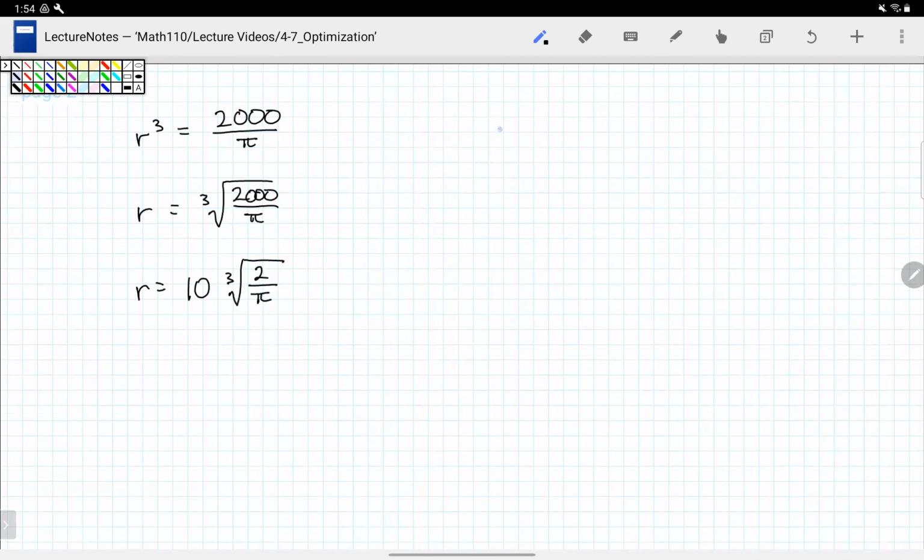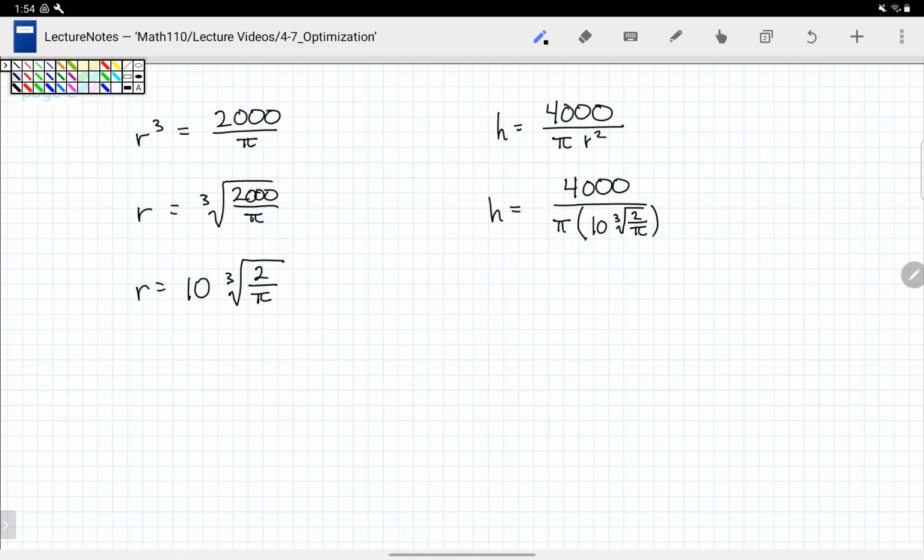So h equals 4000 over pi r squared. So plugging in that, 4000 over pi times 10 cube root of 2 over pi, all squared.